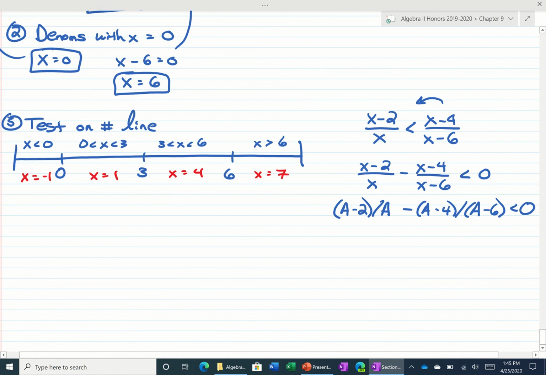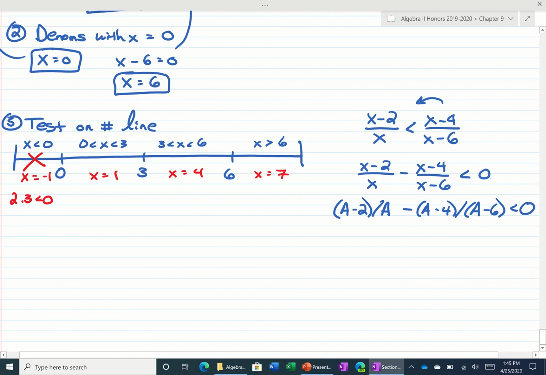So store -1, and I'm going to type in parentheses a minus 2 divided by a minus a minus 4 divided by a minus 6. Alright, let's see what happens. With negative 1 stored, my calculator's telling me we get 2.3 is less than 0. That's not true.